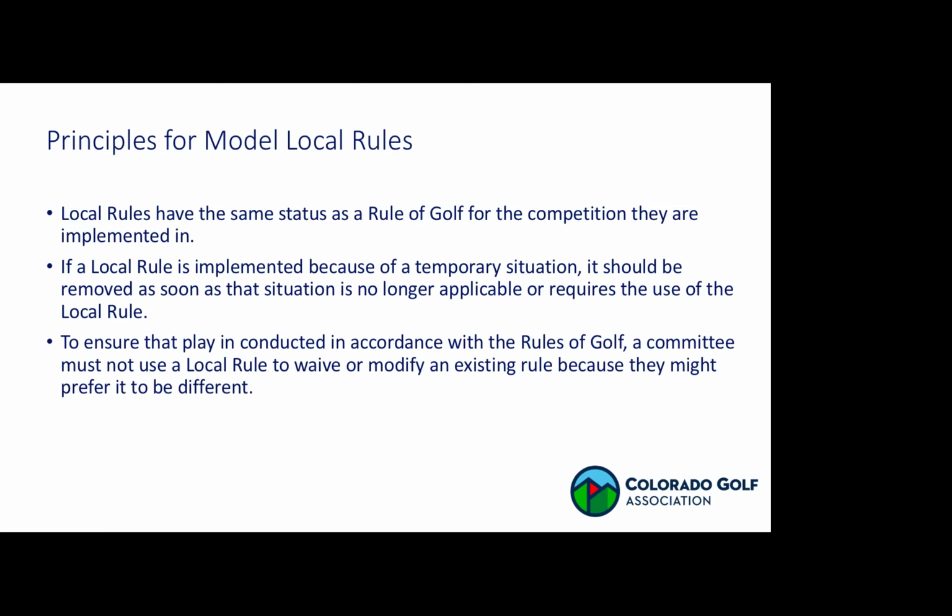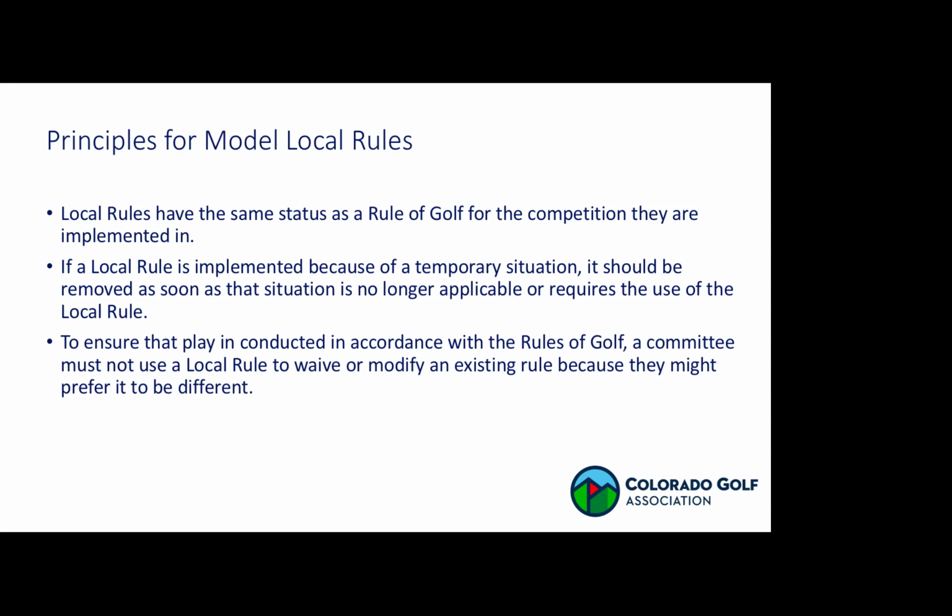Sometimes we're putting in a model local rule just for a temporary situation. So maybe we're putting in preferred lies because the golf course is really wet that day. But on subsequent days, or maybe a subsequent round, the golf course is going to dry out because the weather gets better or the golf course drains really well. And that situation really no longer applies.